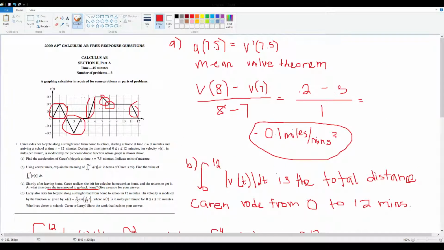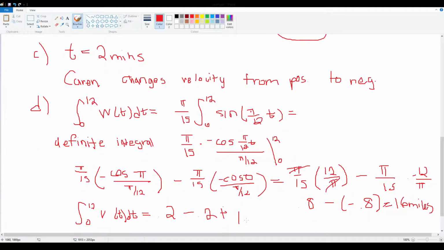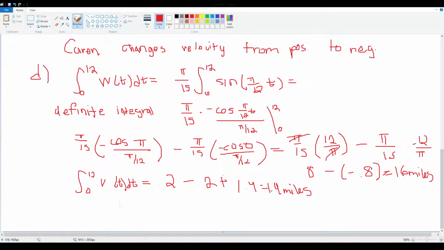And then you're going to add from 4 to 12, which is all positive, 1.4. So you get 1.4 miles. Since Karen lives 1.4 miles away from the school and Larry lives 1.6 miles away, Karen lives closer to the school.